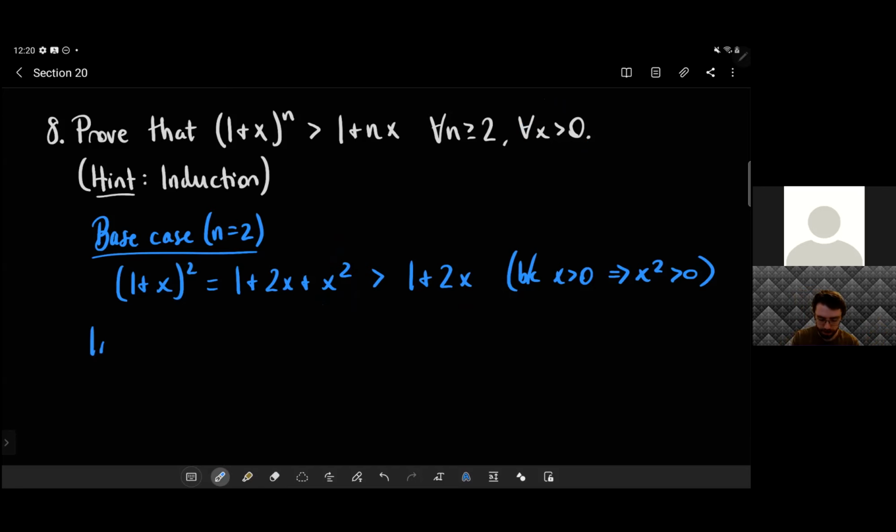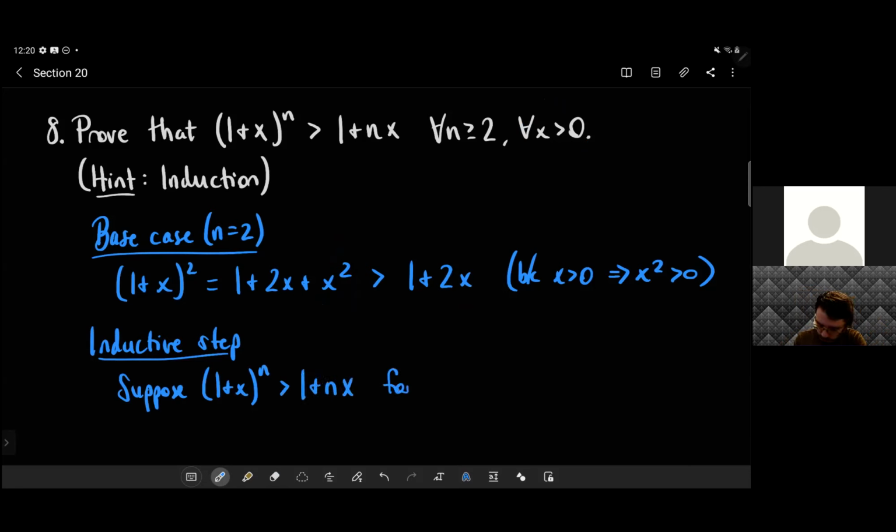Okay, so base case done, inductive step. Inductive step, we always suppose the claim is true for some integer n, and then we want to show it for n plus 1. For all x, right? That's just a given.